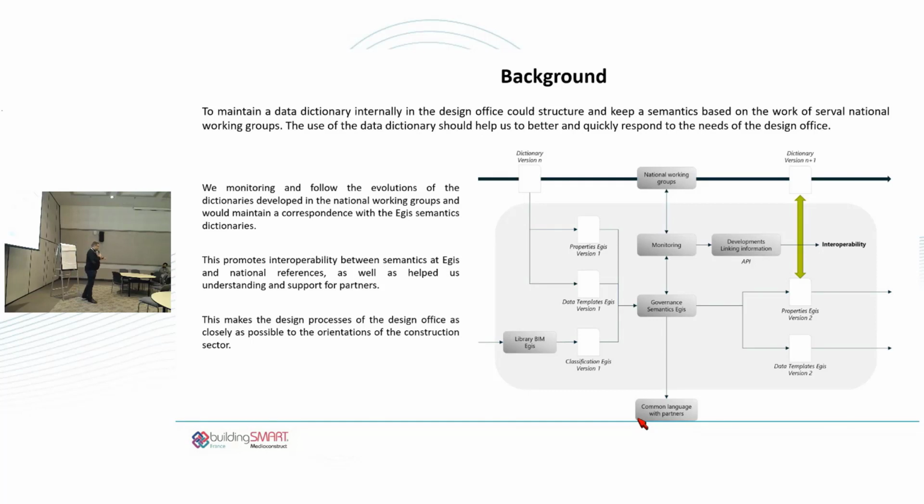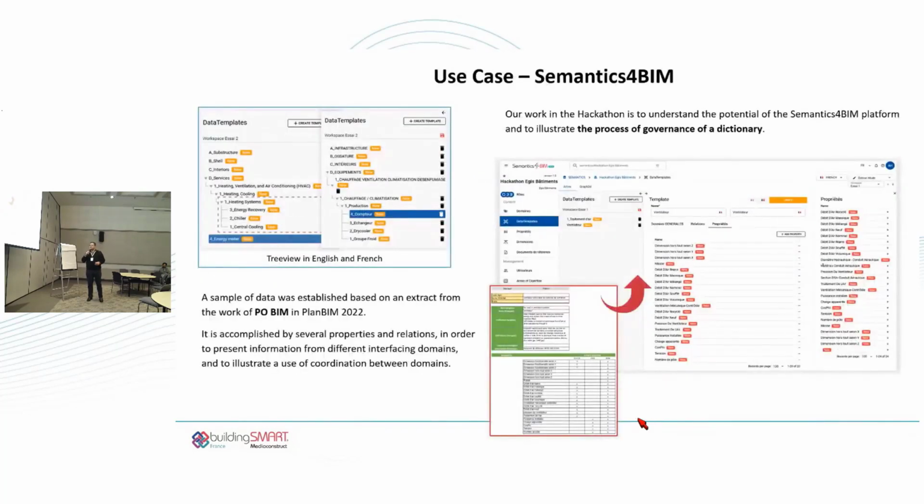For now, they work on Excel sheets, and they need the tool to be able to host that and to expose that for tools. Okay, so they participated in the hackathon as they were interested in this tool. This is an example of the Excel sheet that they pushed into the semantics topic.